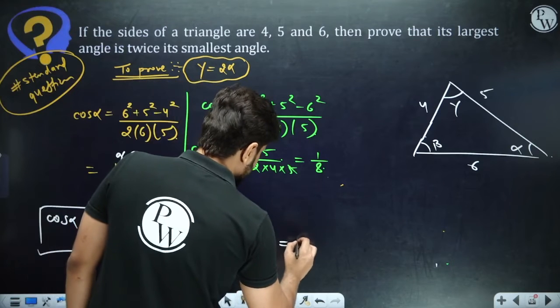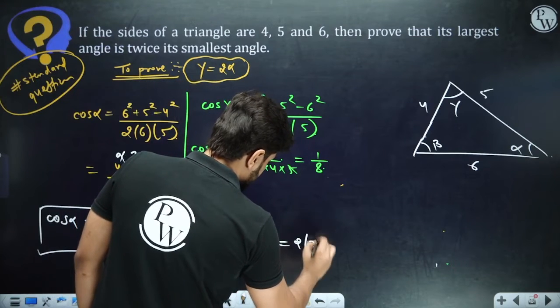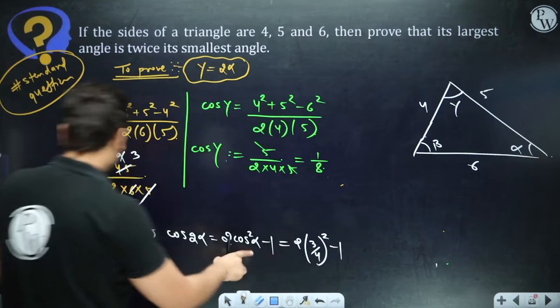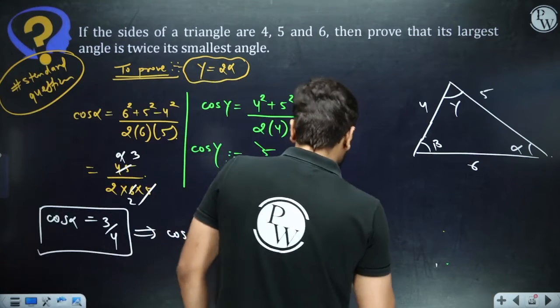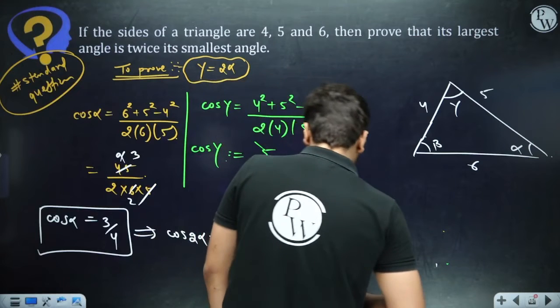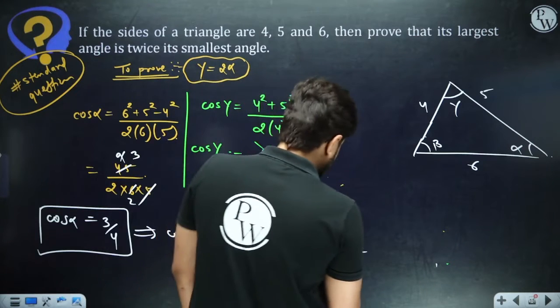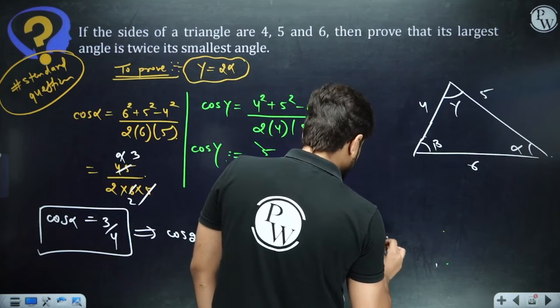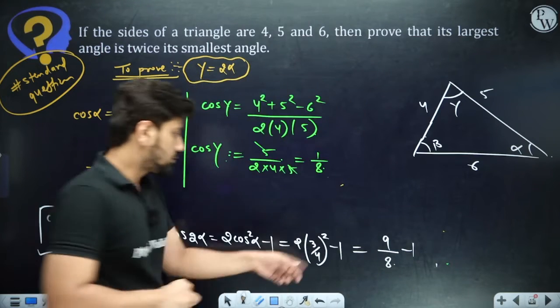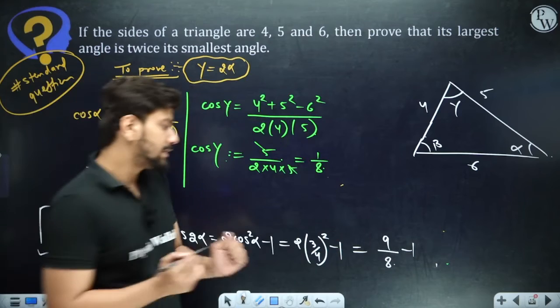So 2 times 3 by 4 square minus 1. 3 3s are 9, and in the denominator we have 16. 2 by 16 gives 8 in the denominator. So 9 by 8 minus 1, which will be equal to 1 by 8.